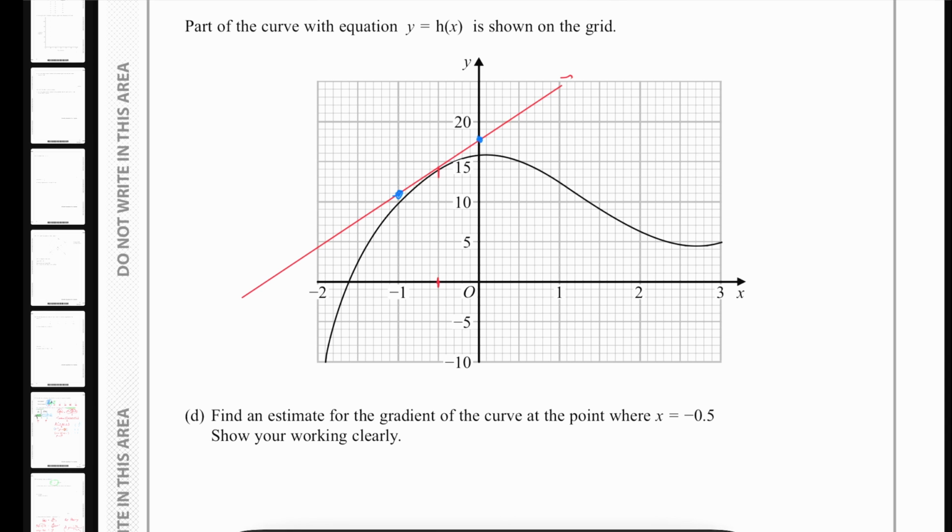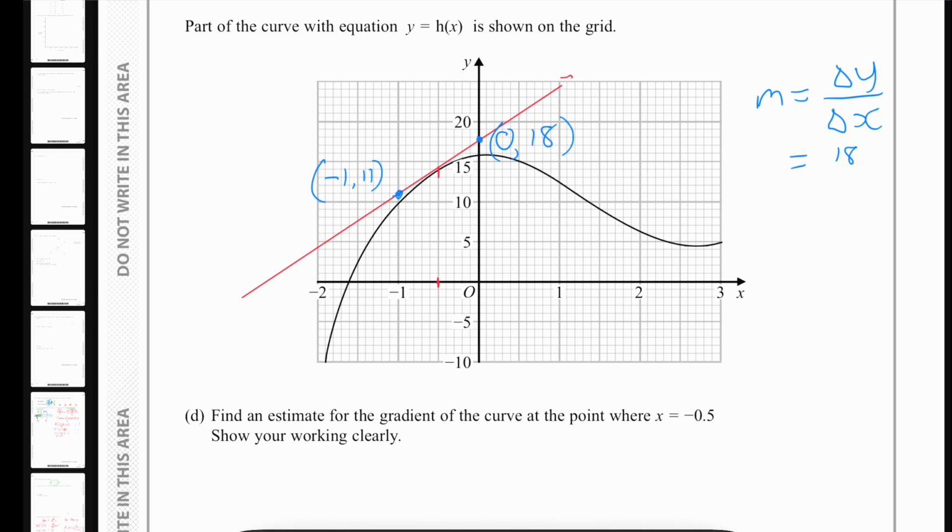So this coordinate here is negative 1, and let's call it 11. And then this one is x is 0, y is 18. All right, and then we just go back to our gradient, which is always change in y over change in x, delta y over delta x, and I just choose 2 points.